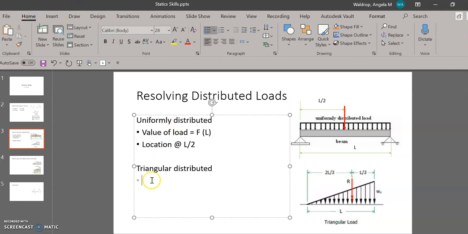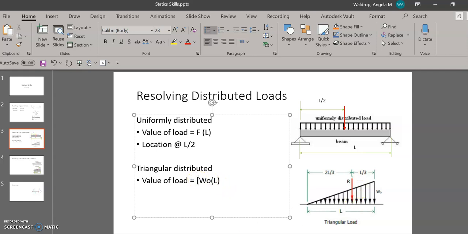For this one, we need to determine the value of the load. Just like we did up here, where we found the area of the rectangle, we're going to find the area of the triangle. This is going to be the length times the height, and here I've got a value for the height, capital WO, times length, but it's all of that over 2.